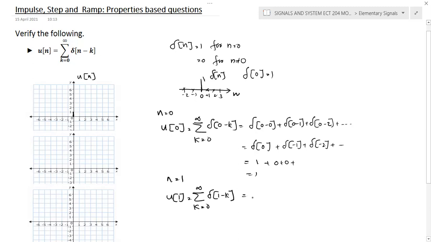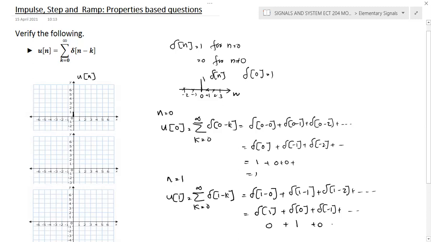Because n is equal to 1, if you expand this expression by substituting k equal to 0, you will get del of 1 minus 0 plus del of 1 minus 1 plus del of 1 minus 2 plus etc. Now you can write this as del of 1, del of 0, del of minus 1 plus etc. We know that only del of 0 is equal to 1 and all other values are 0.